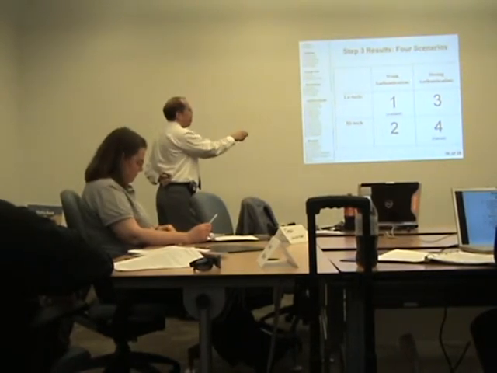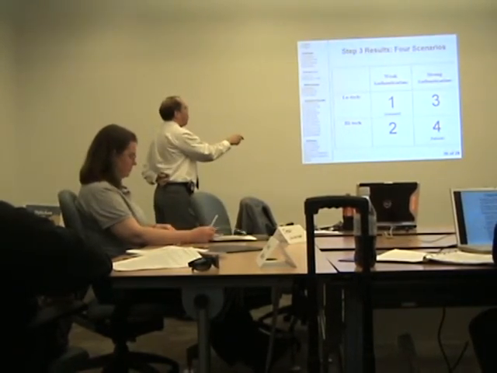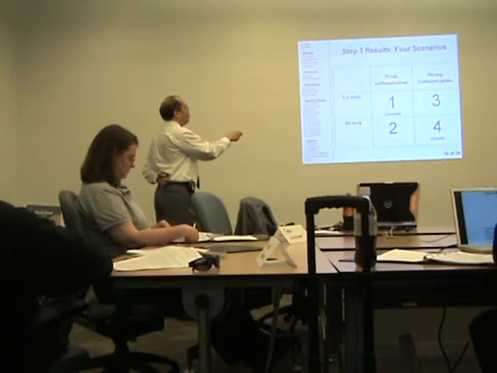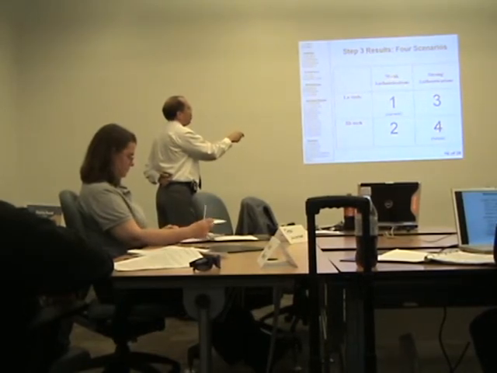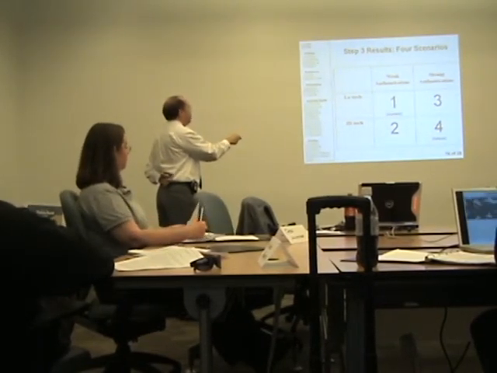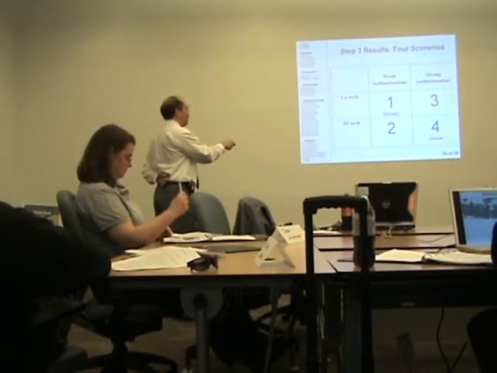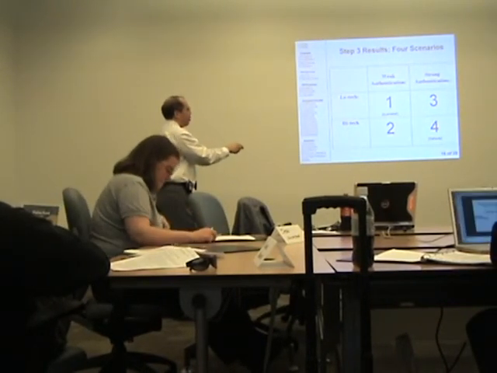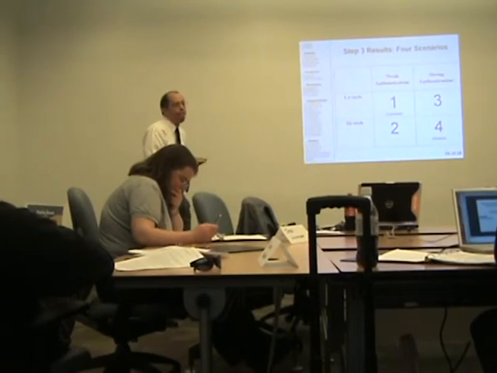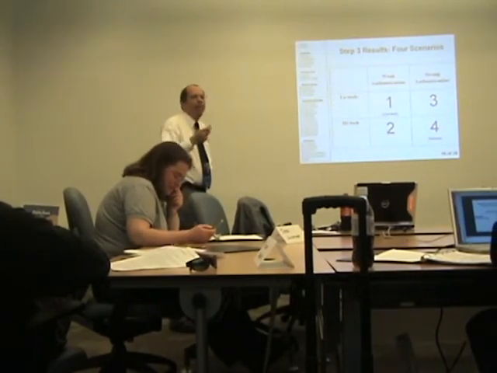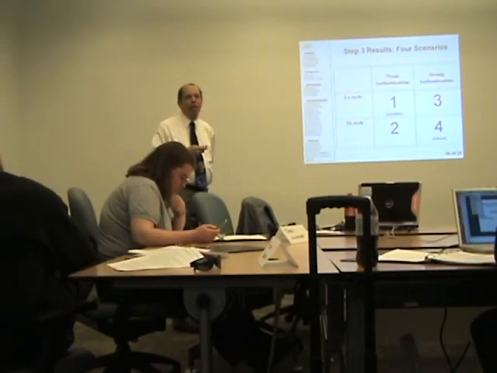By assuming that the trends went either weak or strong, and either low-tech or high-tech, that gave me 4 possible scenarios. That's a really quick summary of this scenario-building process.